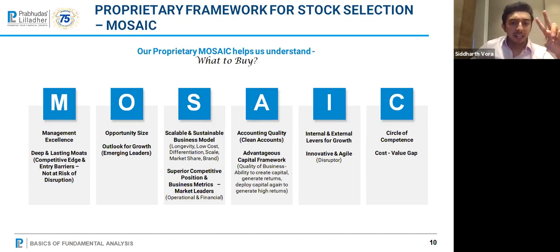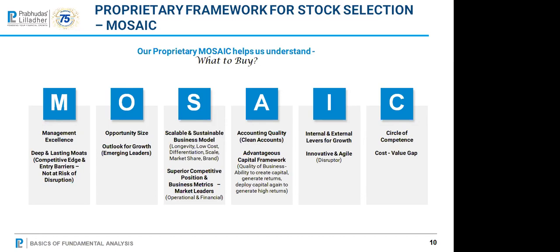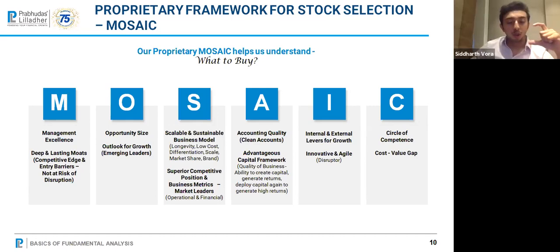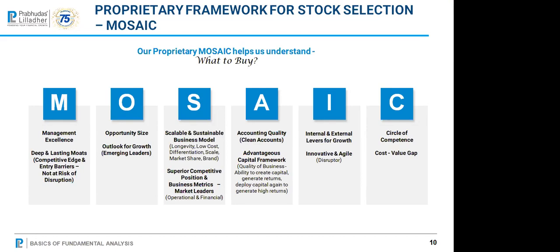Advantageous capital framework is the second A. What do I mean by this? The ability of any business to create capital, generate returns on that capital, and redeploy that capital to generate higher returns consistently. Every business is not like this.